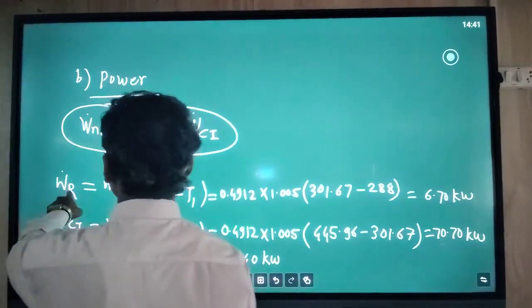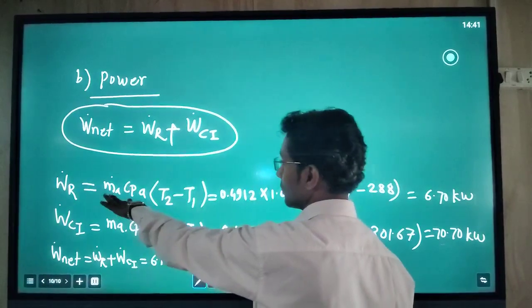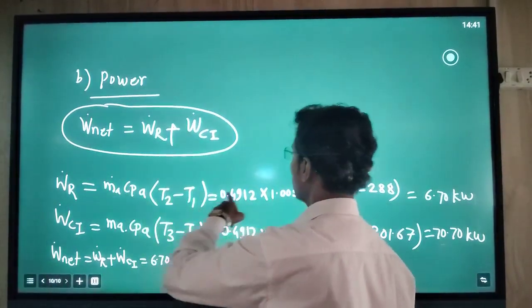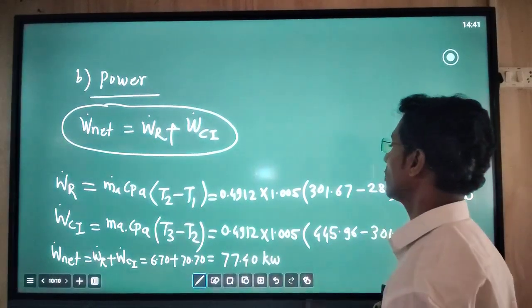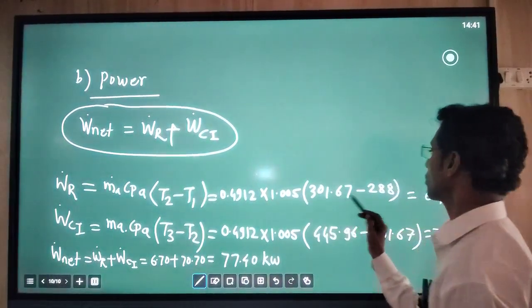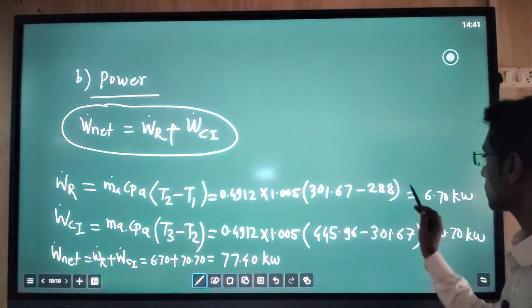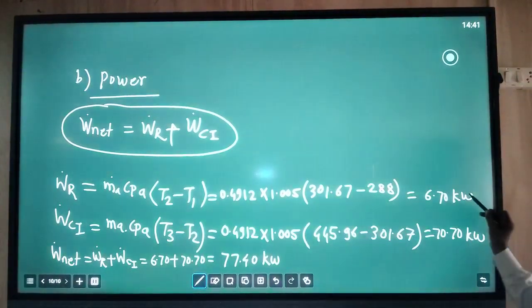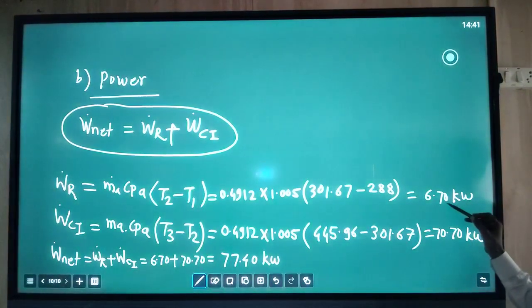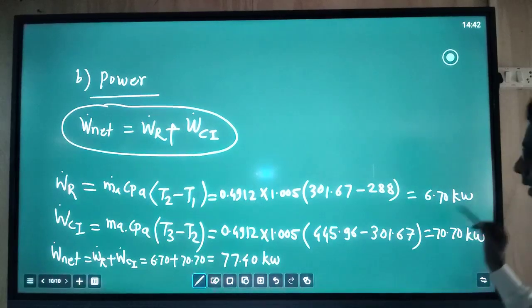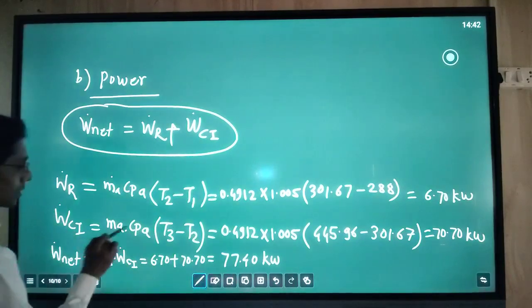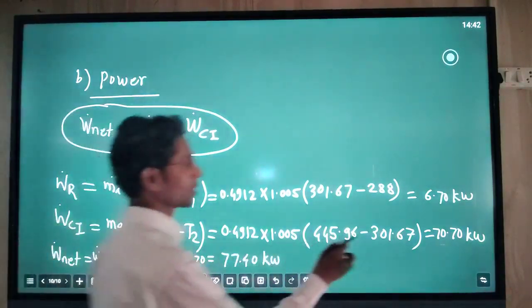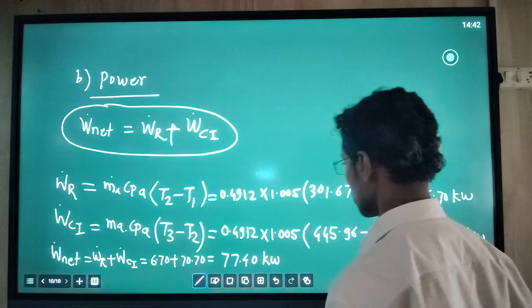So here in the W dot R, RAM work formula, we put the value of the mass flow rate calculated, the CP value for the air, and T2 minus T1, these temperatures. The work consumption for the RAM comes to 6.7 kilowatt. Similarly, by putting the values for compressor 1 in the formula, we find the consumption 70.70 kilowatt.